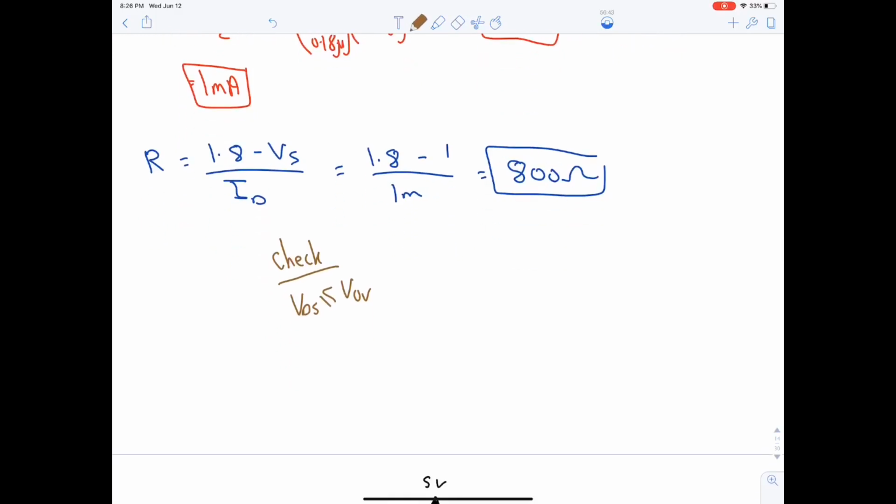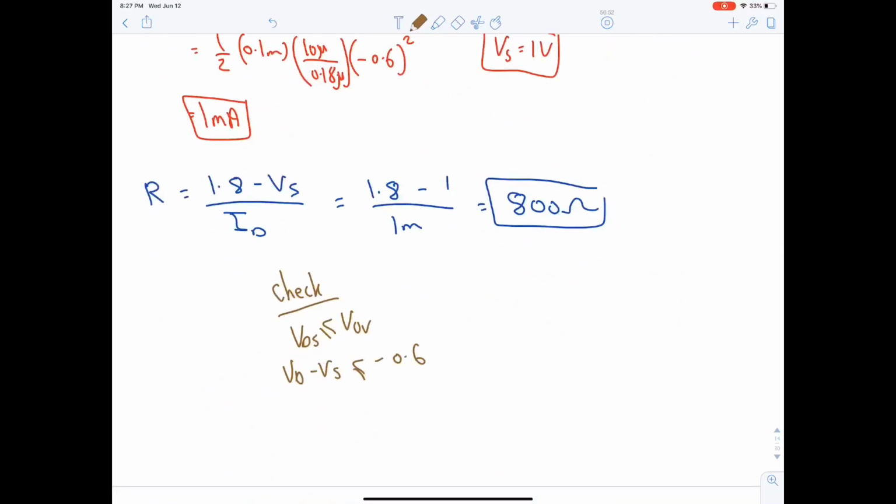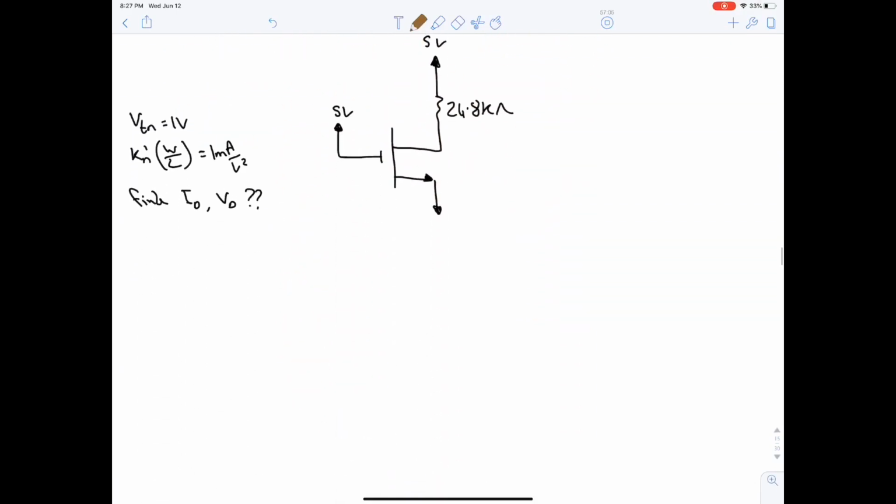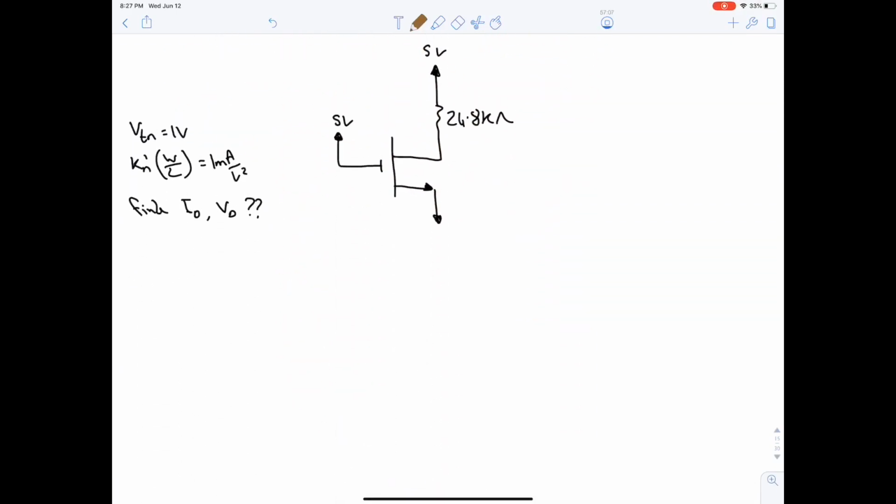So is VDS, VD minus VS, less than or equal to minus 0.6? VD is 0 and VS is 1. Is minus 1 less than minus 0.6? Yes, it is. Therefore, saturation.